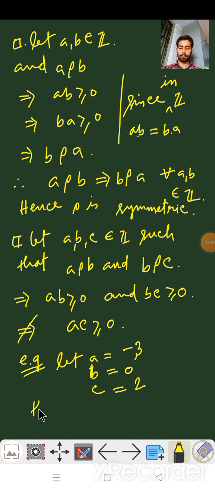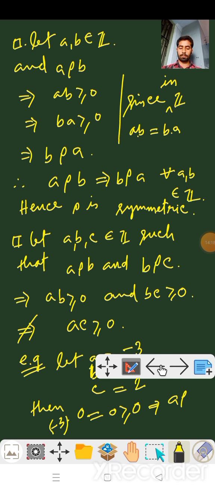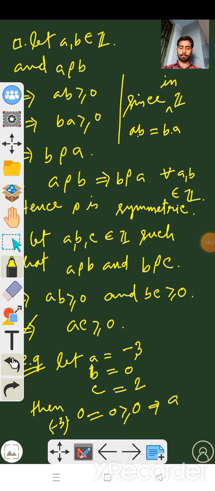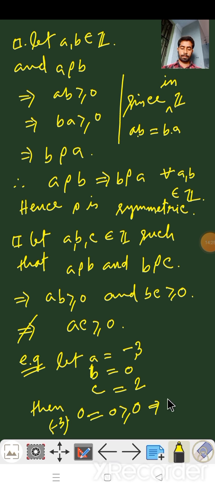Then -3 times 0 equals 0, which is greater than or equal to 0, that is, a is related to b, so -3 related to 0 holds.